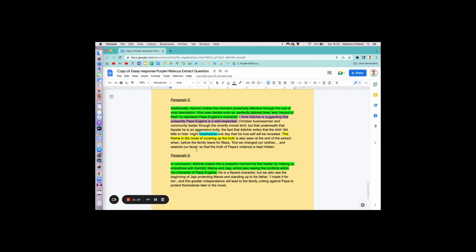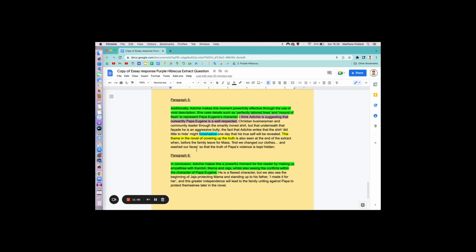Additionally, Adichie makes this moment powerfully effective through the use of vivid description. She uses details such as "perfectly tailored lines" and "mound of flesh" to represent Papa Eugene's character. I think Adichie is suggesting that outwardly Papa Eugene is a well-respected Christian businessman and community leader through the smartly ironed shirt, but underneath that facade, he is an aggressive bully.